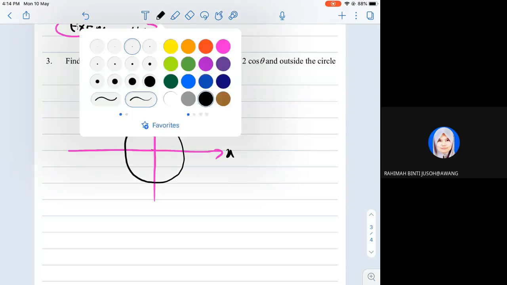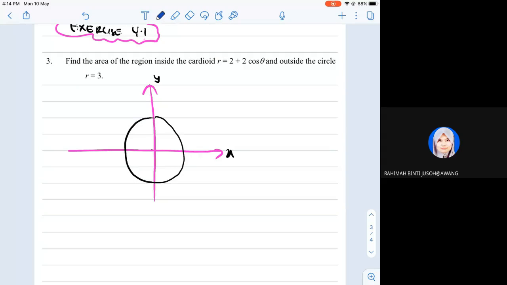Okay, and then I use blue color to sketch the cardioid. So cardioid 2 plus 2 cos theta. This means you have to recall what we learned in chapter 1 the other day. Draw the cardioid, draw the circle. Okay, so here it's 3 for its radius. Here it's 3, here it is 4.